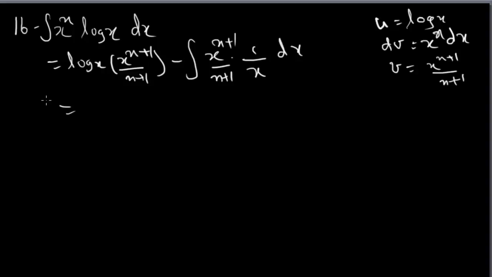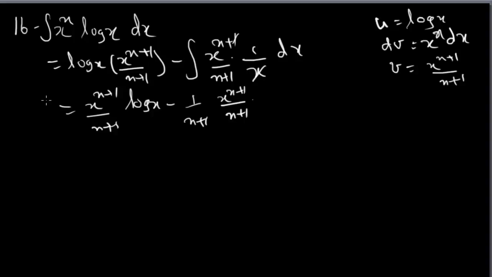So, this is x power n plus 1 by n plus 1 into log x minus, here one x cancels with x power n plus 1, remaining x power n only, 1 by n plus 1 is there, and integration of x power n is x power n plus 1 by n plus 1 plus c.